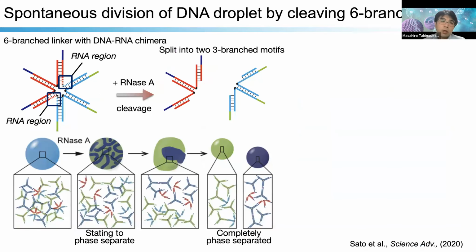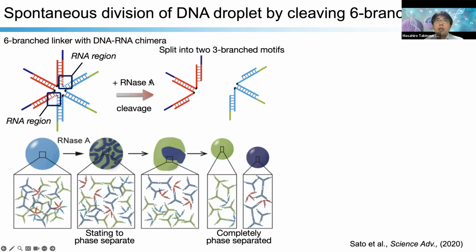Then next we designed the spontaneous division of the DNA droplet by changing the 6-branch linker a bit. Here only the center part of the 6-branch linker was changed to RNA sequence.